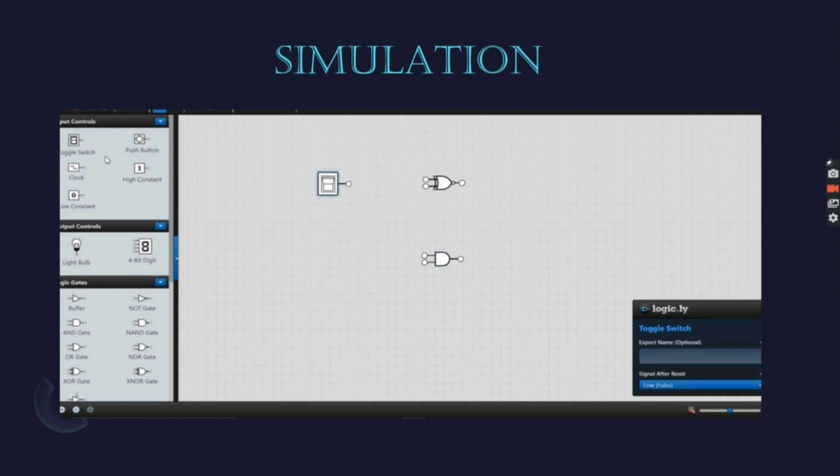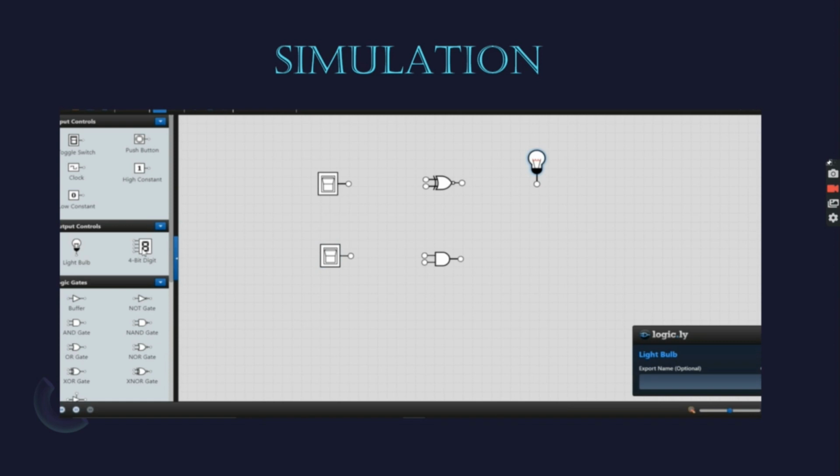Two gates, XOR and AND gate, and two inputs using a toggle switch, and two outputs with the light bulb.